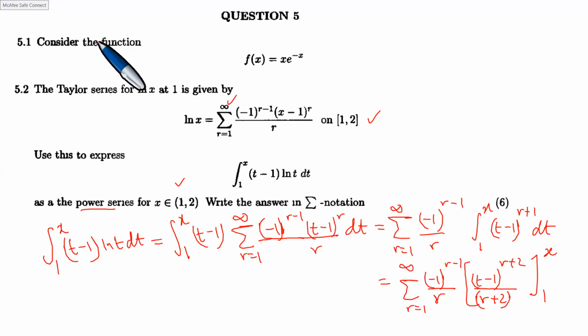So let's see now. We have the integral 1 to x of (t minus 1) ln t dt.